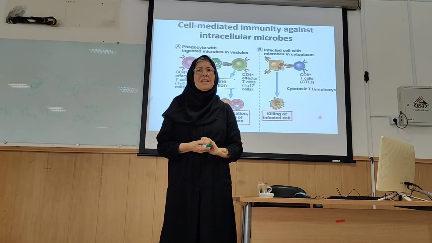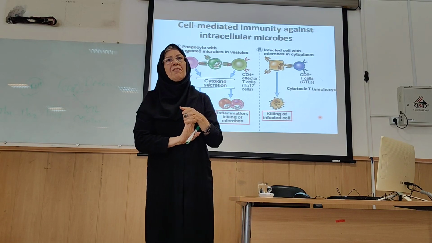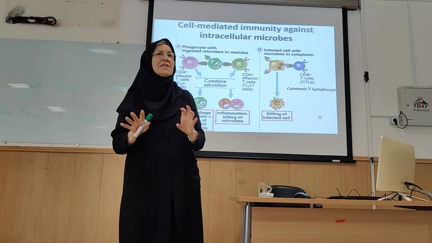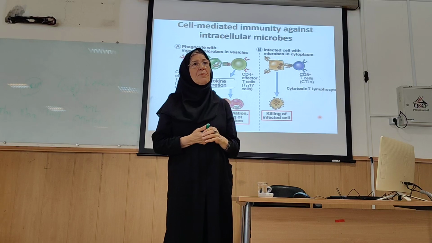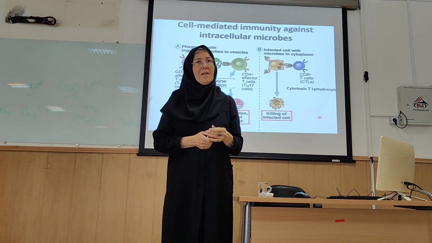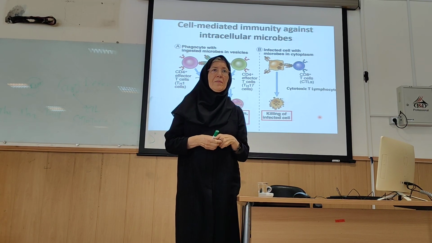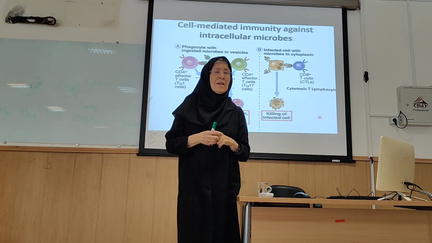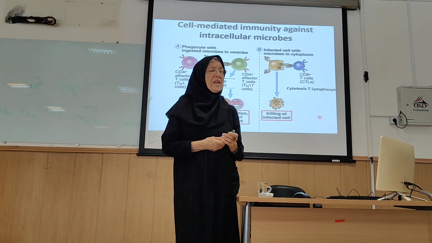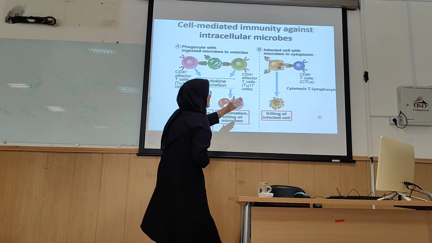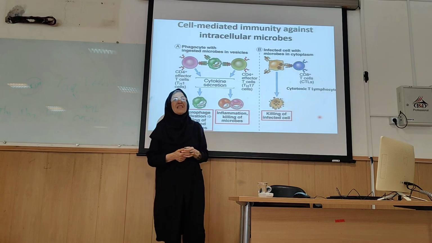Naive CD8 positive T cells, after recognition of antigen, become effector cells. What is the effector cell called? The effector cell of the CD8 positive T cell is called cytotoxic T lymphocytes, or CTLs.